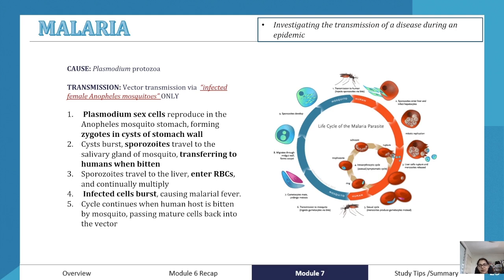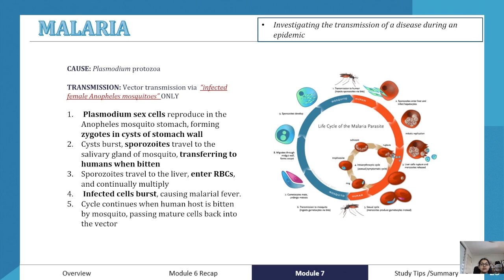So let's have a look at what actually happens. Firstly, we've got the Plasmodium sex cells, which reproduce in the Anopheles mosquito's stomach, forming zygotes in the cysts of the stomach wall. Then these cysts burst and sporocytes travel to the salivary glands of the mosquito, and from there it is transferred to humans when they bite humans.